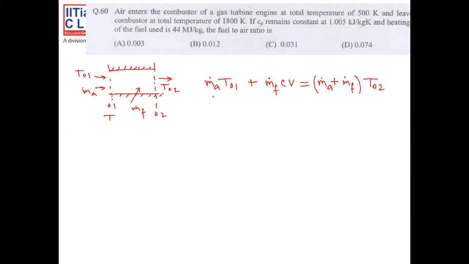Now, from the question, as per the given information, T01 is 500 Kelvin, T02 is 1800 Kelvin, Cp is 1.005 kilojoule per kg, and CV is 44 megajoule per kg.